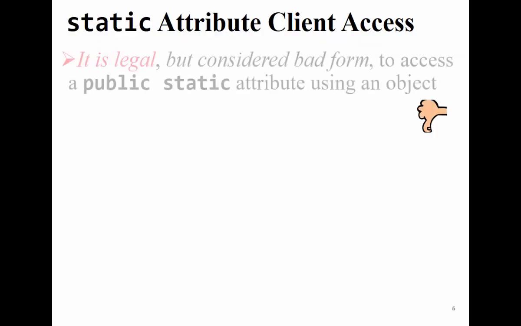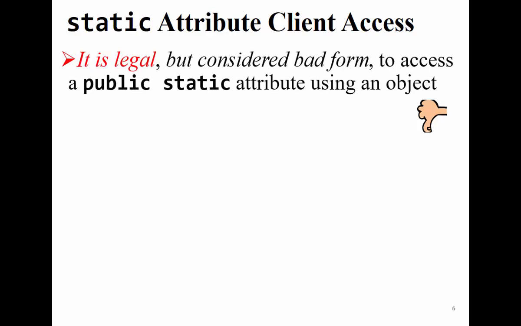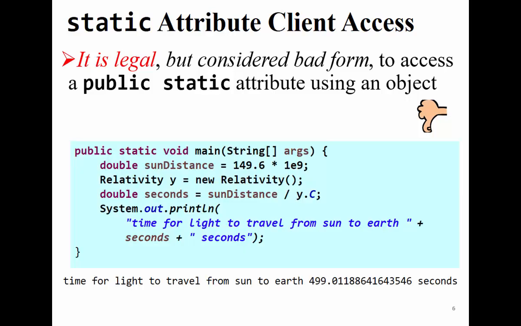Now, we mentioned that it's legal, but it's considered bad form to access a public static attribute using an object, which means creating a Relativity object, then accessing the speed of light, which is exactly given here in this example. We can create a new Relativity.